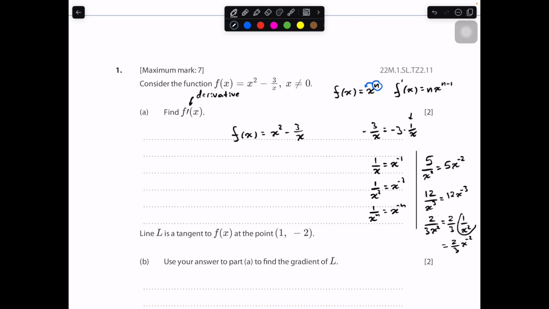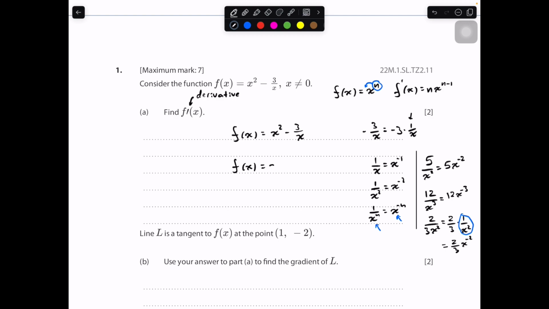So following along on this idea that 1 over x raised to any power just becomes x to the negative of that power, we can use this general structure to rewrite. We're going to need to rewrite our function before we can take the derivative of it. So let's rewrite this function, and then we can take the derivative.